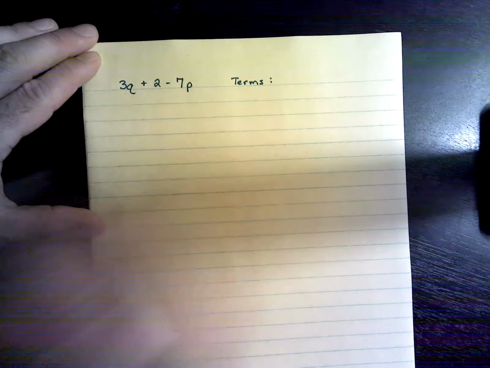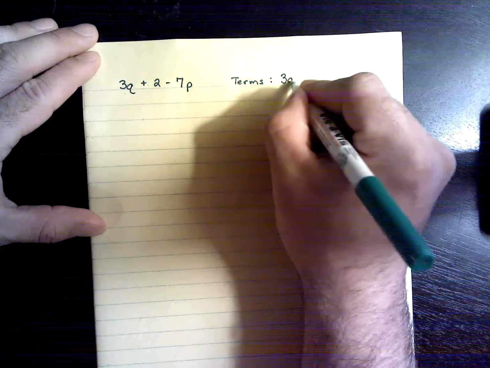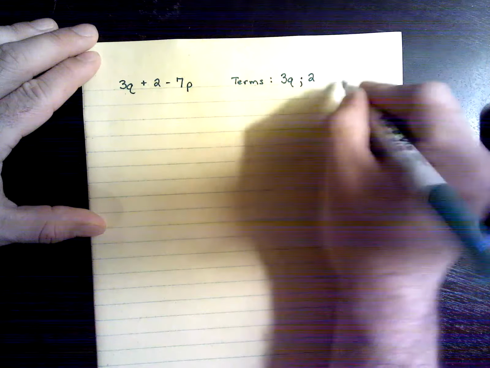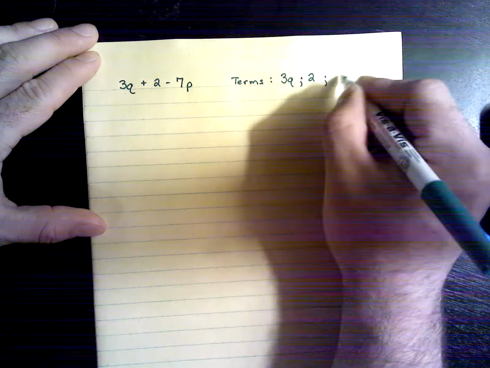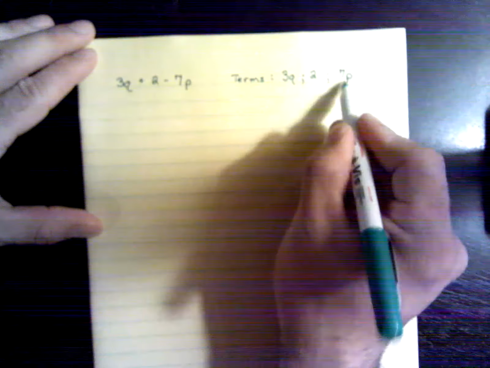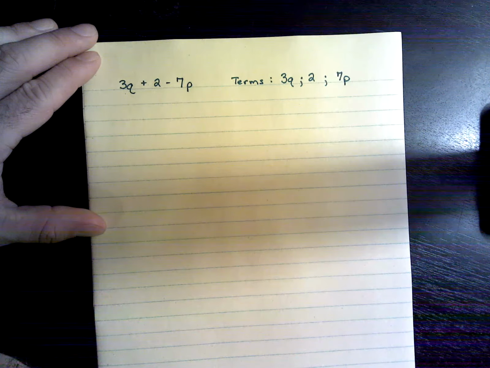So in this particular expression, 3q is a term. We can also say that 2 is a term, and so is 7p. And we decide that they're terms because they're separated by plus signs or minus signs.